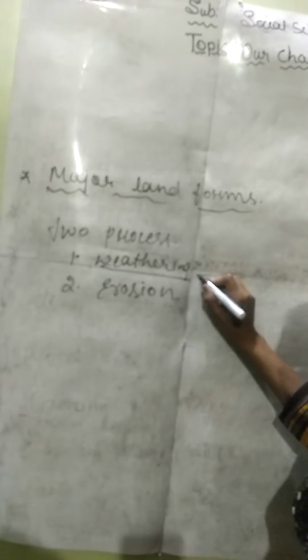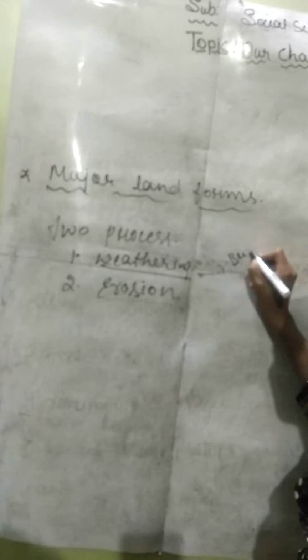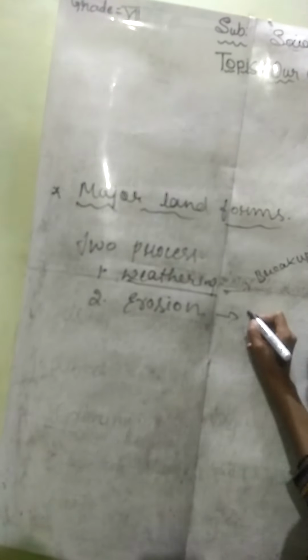And erosion means the wearing away of the landscape through different agents, agents like wind, water and ice here, students.